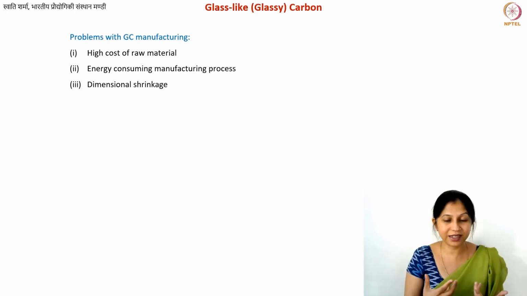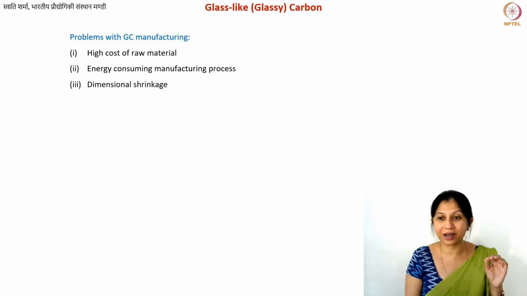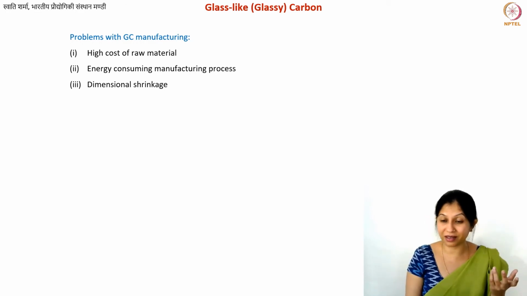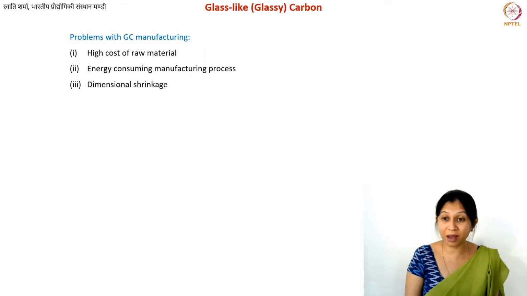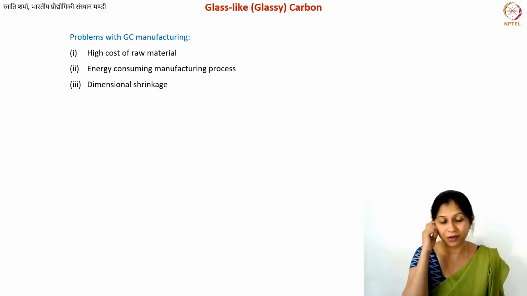So shrinkage and change in shape is a big issue with glassy carbon manufacturing, and that is also the reason that you are only able to use certain polymers as precursors, despite the fact that we have so many synthetic polymers available. Not all of them will be able to retain the shape. Their coking mechanism might be different, their properties might be different, and dimensional shrinkage might be different. So this is also another challenge.